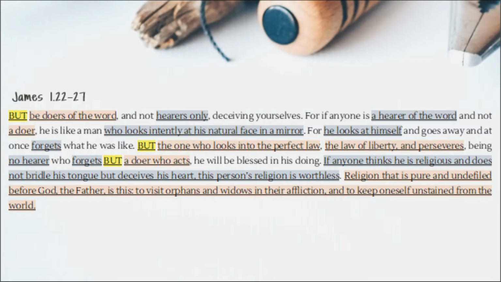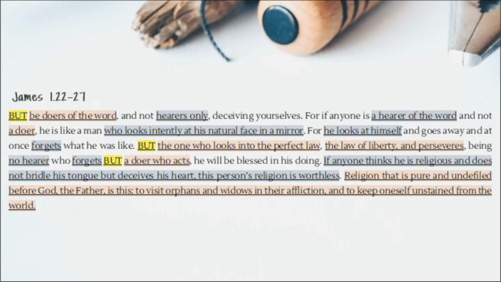I just highlighted the main phrases, because it's going to contrast exactly all of that with the one who looks not into a mirror but into the perfect law, the law of liberty, and perseveres. Now it's kind of a parenthesis: being no hearer who forgets, but a doer who acts, he will be blessed in his doing.